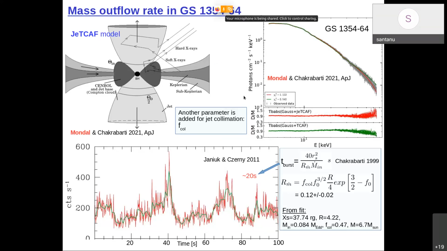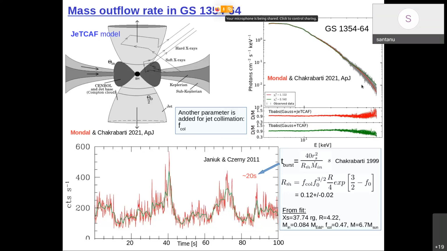It is generally believed that this excess above 10 keV can be due to reflection from the disk. But if a jet is present in some sources, this can be from the jet also. The bulk motion of the jet can downscatter these hard photons from the corona, and they can give some excess.